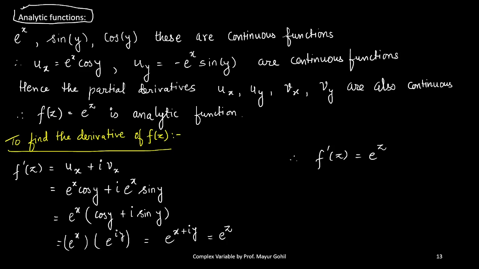I don't expect students to write all the details of continuity, but we can have this kind of argument because e raised to x, sine y, cos y are all continuous functions, so their product and addition are continuous. So the partial derivatives are continuous, hence both the necessary and sufficient criteria are satisfied, therefore the function e to the power z is analytic.